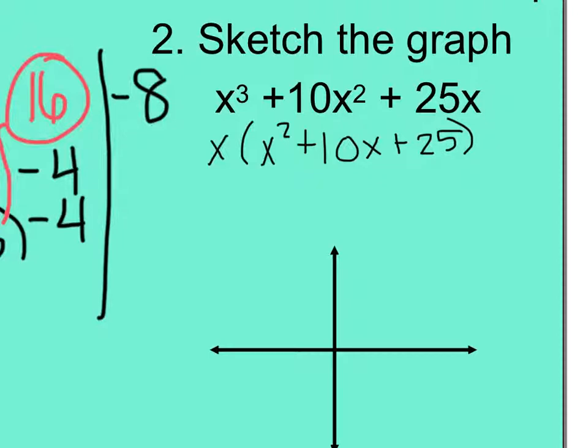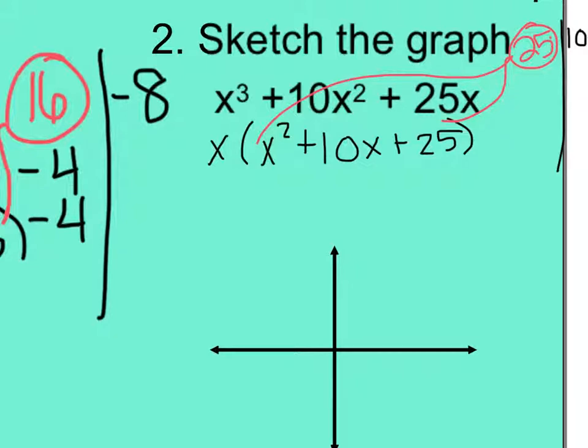Factor our trinomial. So we're looking for factors of 25, because of the 1 times 25, that add up to 10. Factors of 25 that add to 10: 5 and 5.